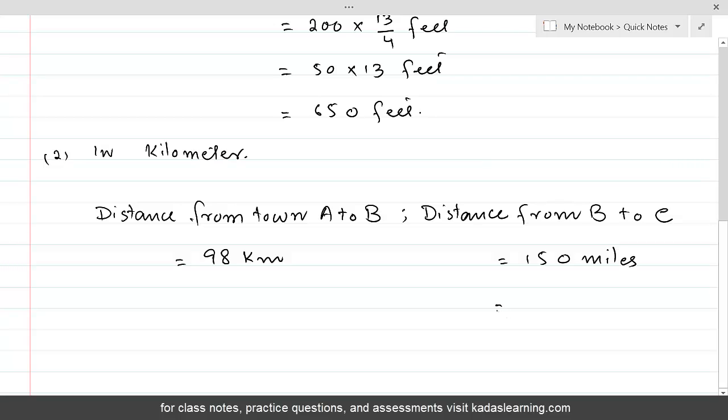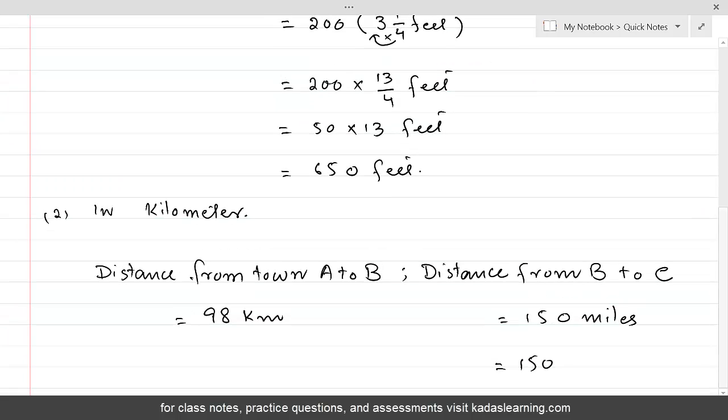Now 150 is the number that will stay as such, but from the conversion table we know that since 1 kilometer is equal to 6 by 10 of a mile, therefore 1 mile must be equal to 10 by 6 of a kilometer.